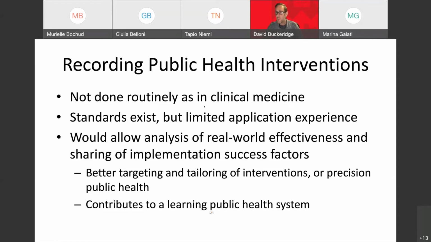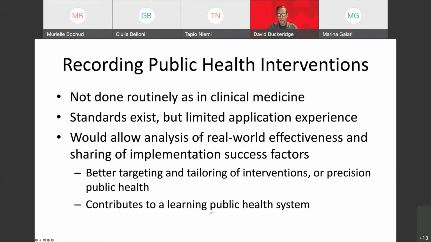There are standards that exist. They're still, I would say, being kind of road tested, but there's an international classification for health interventions that does have a public health component. And there are other intervention strategies and methods also that advance. And so this kind of a platform could incorporate those standards and it could facilitate the recording of these types of interventions.